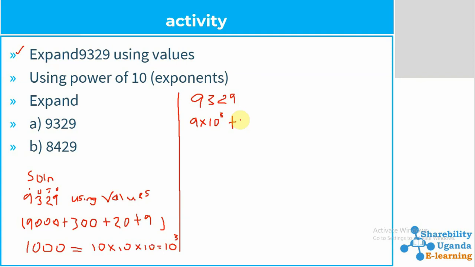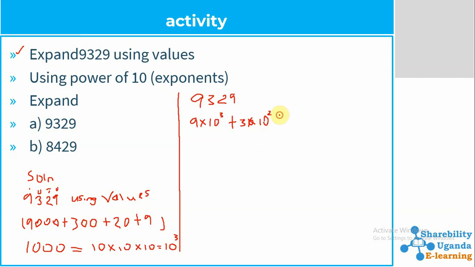So we write our 3 times 10 to the power 2, because there are 2 zeros. So 3 times 10 power 2 gives 300.